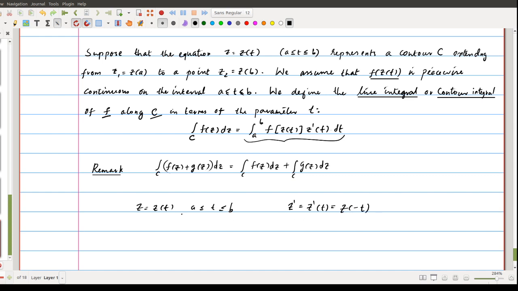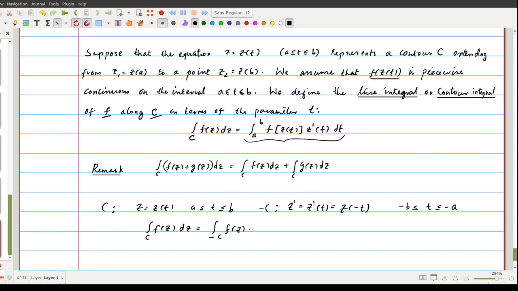If we replace t by minus t, then the interval must be minus b less than or equal to t less than or equal to minus a. If we take t in this interval, then z prime traces the contour C in the opposite direction, which we call minus C. So we have that the integral over C of f of z dz is related to the integral over minus C of f of z dz.